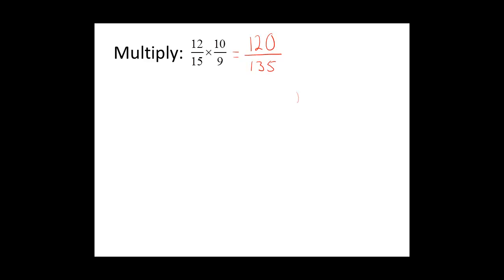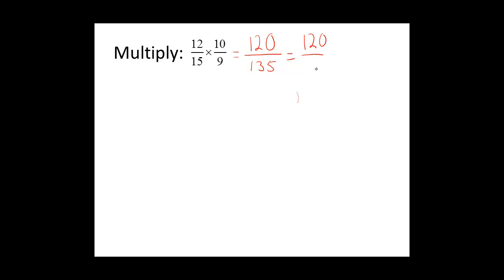You will see that we have bigger numbers that we have to deal with, but that's okay. We need to find a common factor in the numerator and denominator. I will tell you that the greatest common factor of 120 and 135 is 15, but we might not have seen that.